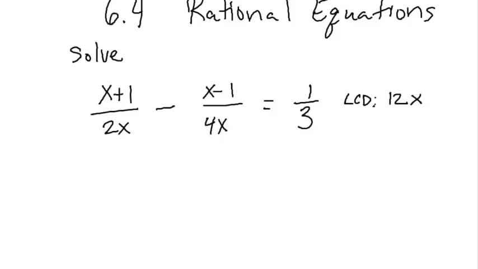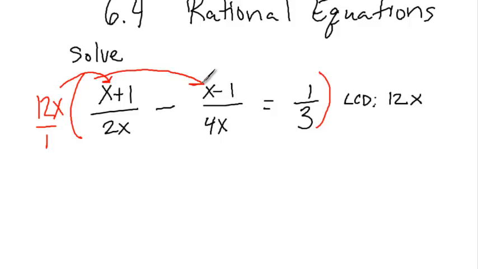Now here, what we do with this lowest common denominator is we multiply everything by 12x. And if you want, you could think about this as 12x over 1, since we have fractions, but that's not necessary. And what we're going to do is distribute this to every term. For this first one, I'm going to write everything out exactly, and then I won't be doing that after this.